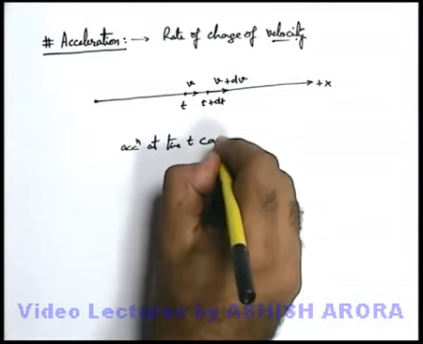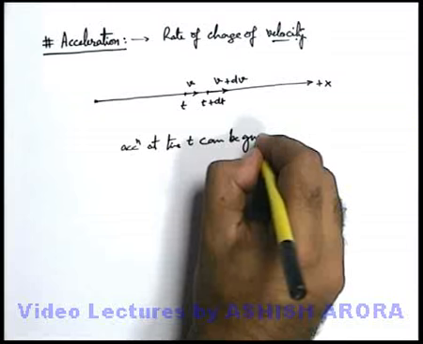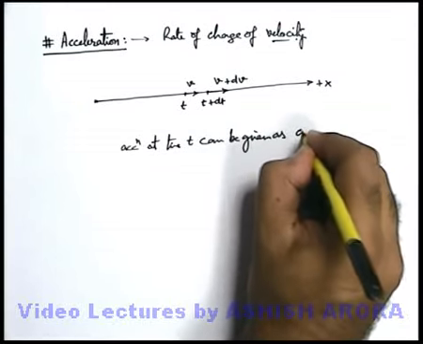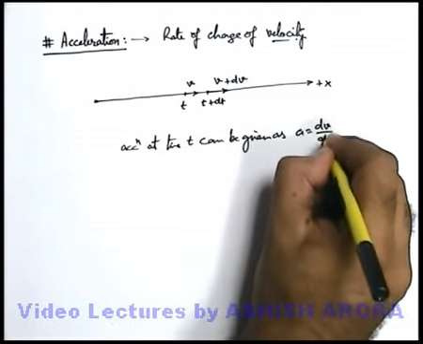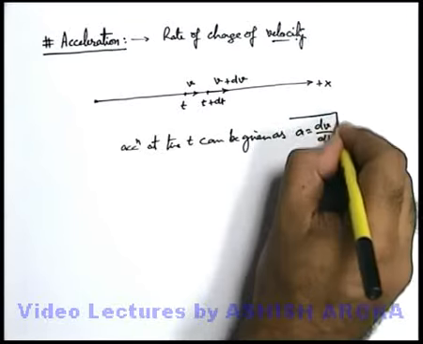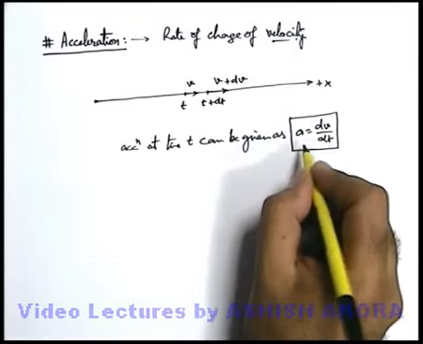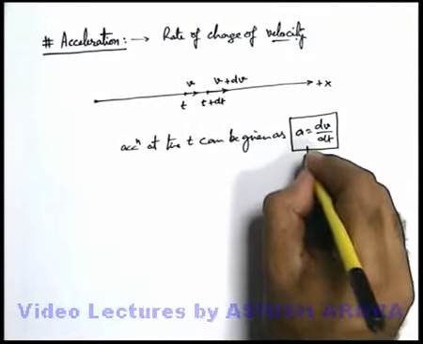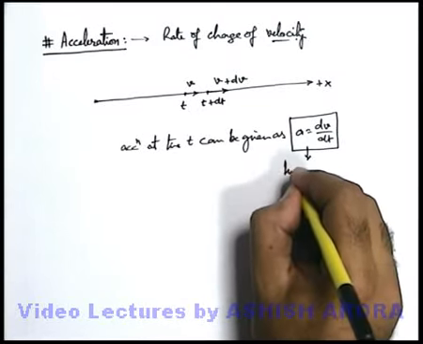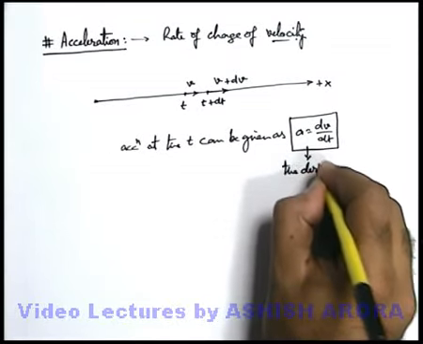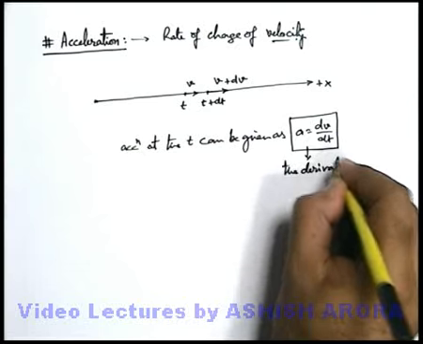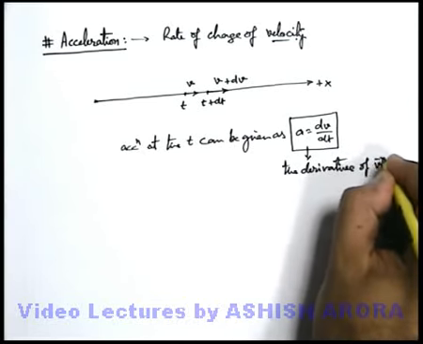acceleration at time t can be given as dv by dt. This is the instantaneous acceleration at time t. This can simply be written as the time derivative of the velocity vector.